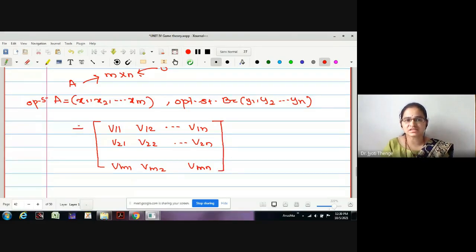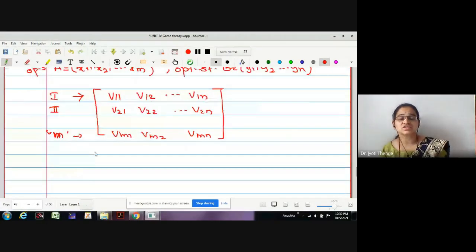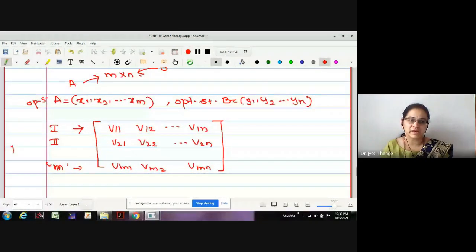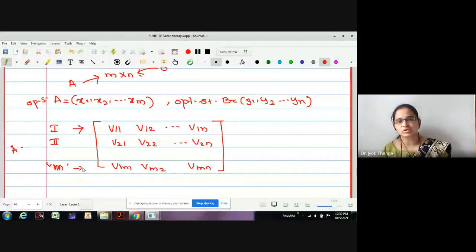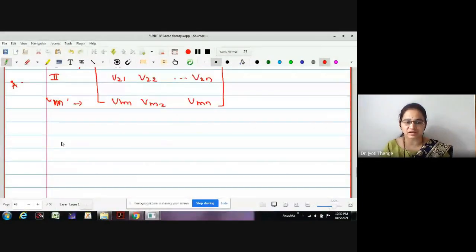These are the strategies played by player A: first, second, and this is the mth strategy, right? Now suppose I consider every row as a vector.